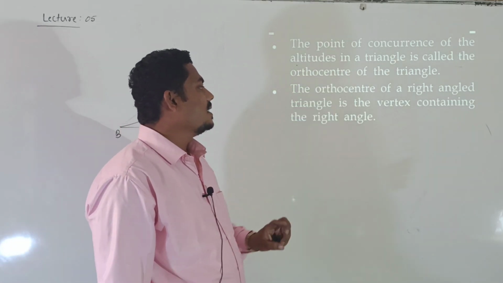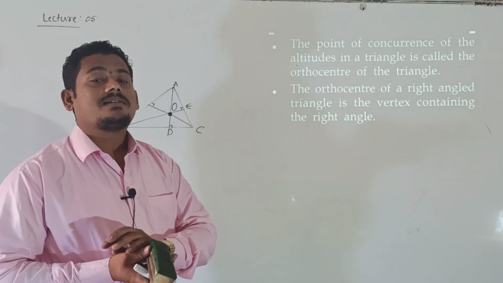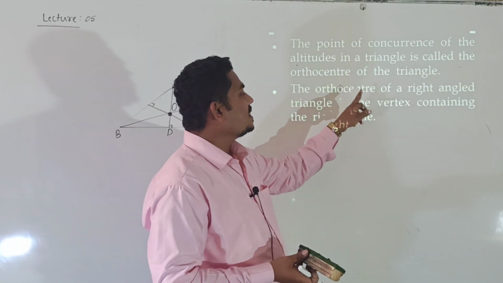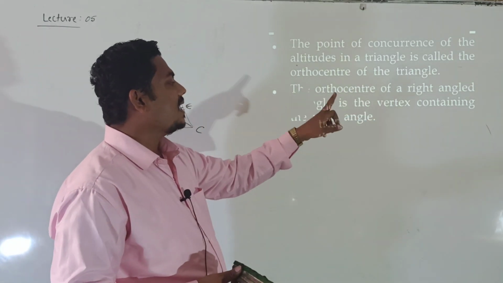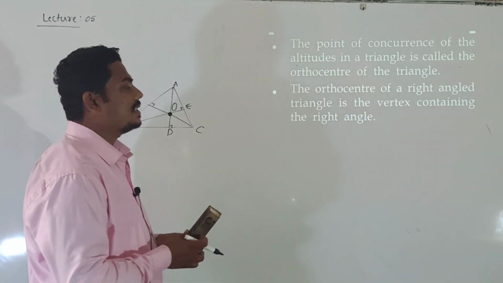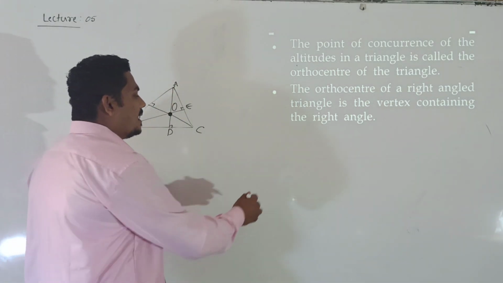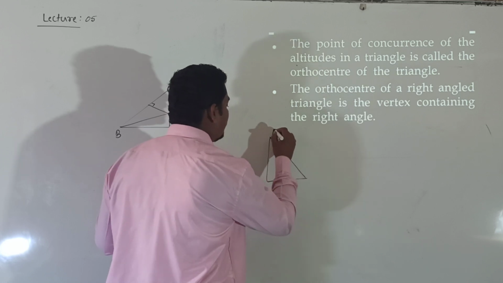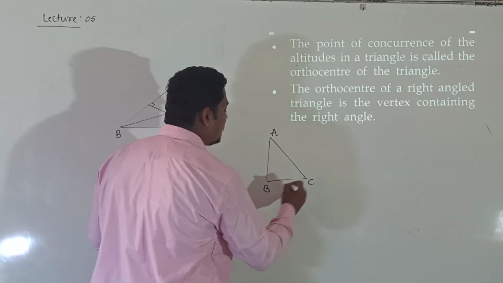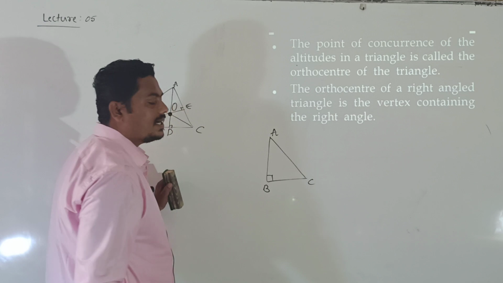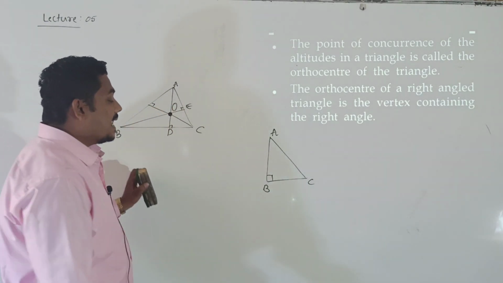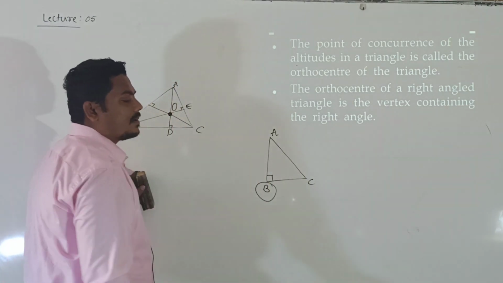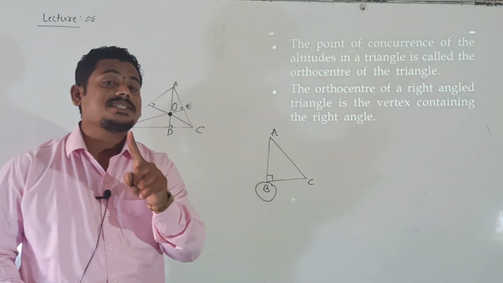Then in a right angle triangle, the orthocenter is the vertex containing the right angle. Means in a right angle triangle, the right angled vertex is the orthocenter. Suppose ABC is a right angle triangle and it is right angled at B, then B is the orthocenter.